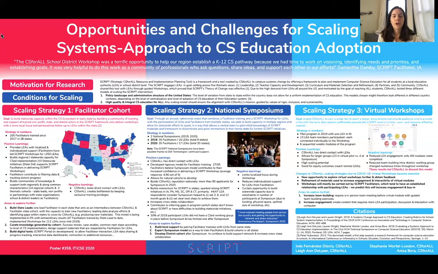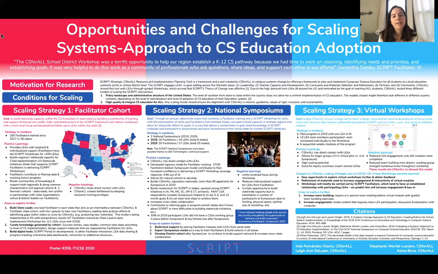And we also wanted to honor our mission of really getting high quality and integral CS education for all. And whatever scaling method that we chose should have to align with this mission. So as you can see in our poster, we've tried 3 different scaling methods.